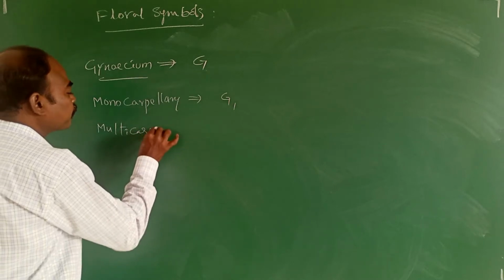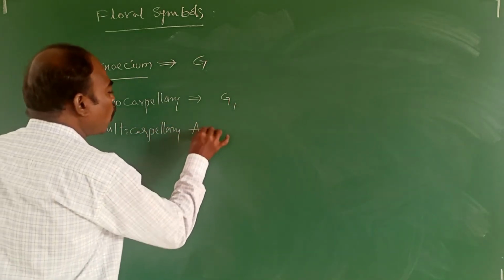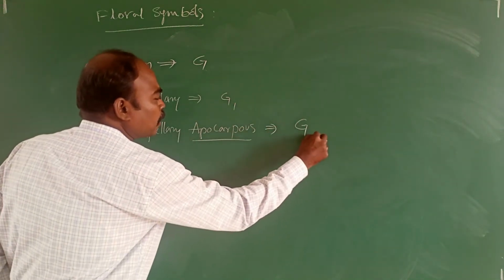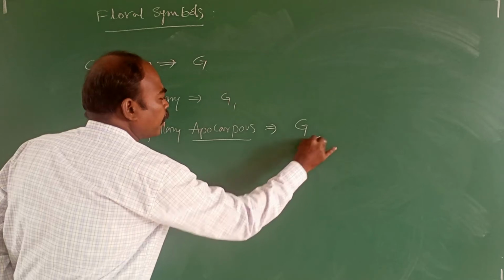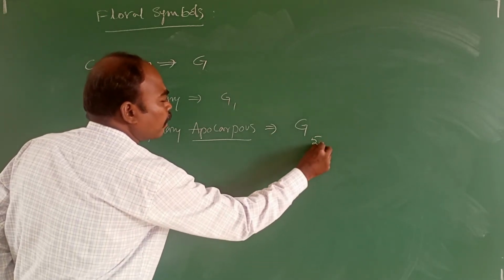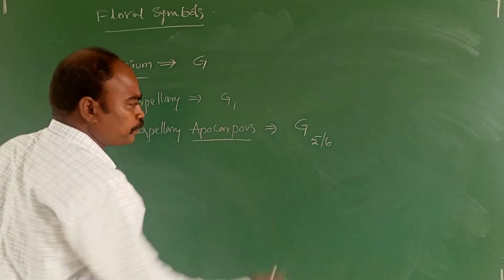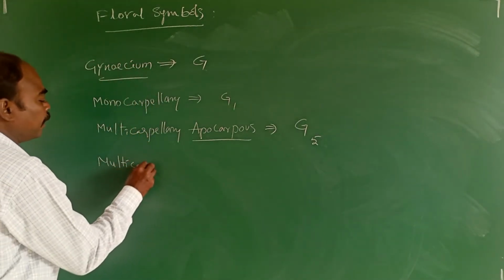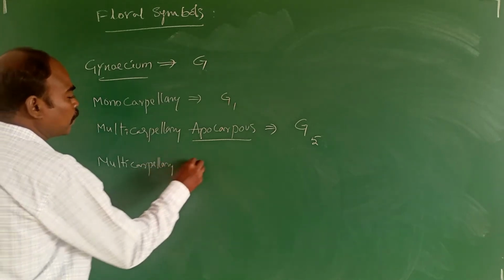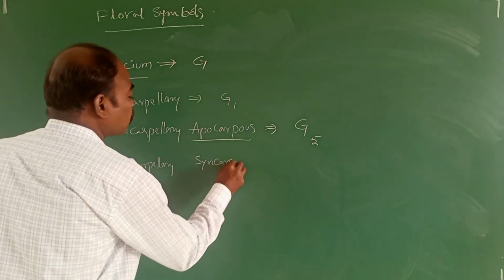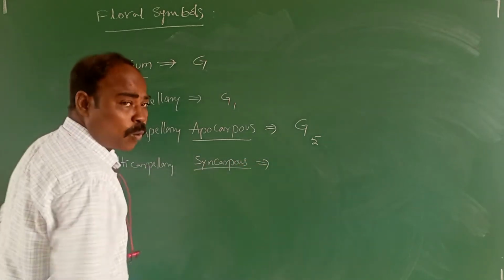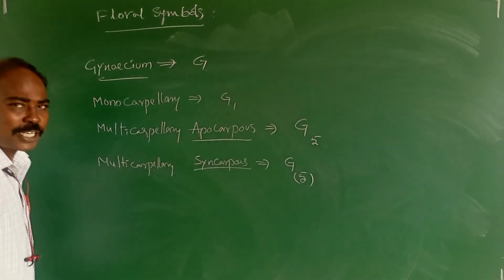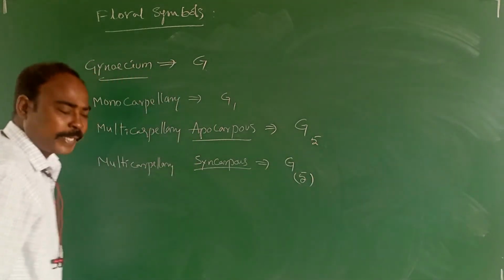Multicarpellary apocarpous means the gynoecium has infinity or 5 or 6, whatever it may be, free carpels. Multicarpellary syncarpous means the gynoecium has 5 fused carpels, in brackets. Syncarpous condition is fused carpels; apocarpous is free carpels.